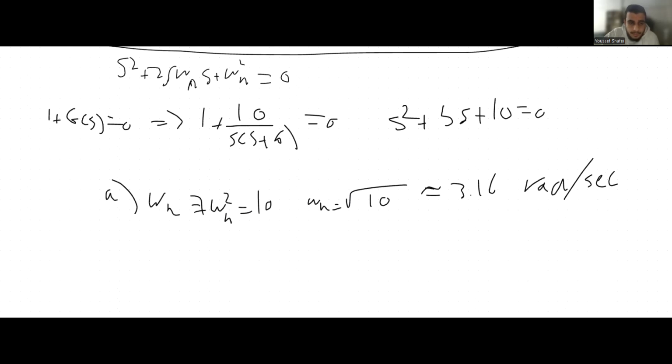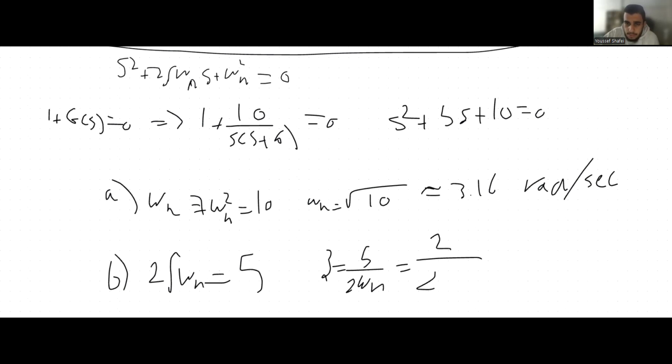And for B, 2 zeta omega n equal to 5. So zeta equal 5 over 2 omega n, equal 5 over 2 times 3.16, equal approximately to 0.79.